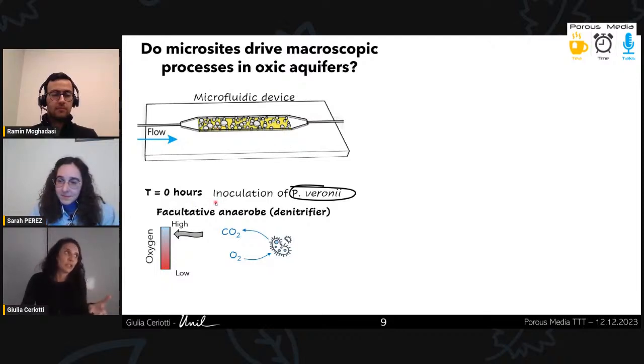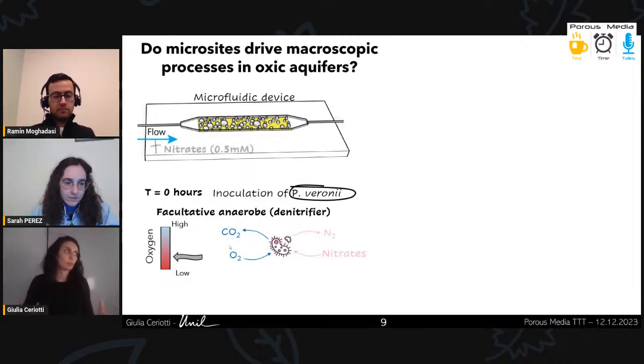We have this microfluidics device integrated with an oxygen sensor, well, with some modification. Instead of using an aerobic strain, I'm using this new strain called Pseudomonas veronii, which is a facultative anaerobe. This means that when oxygen is present, veronii performs aerobic respiration. However, when oxygen is no longer present, Pseudomonas veronii has a flexible lifestyle, so it can switch to the use of nitrates as a source of energy and can still thrive.